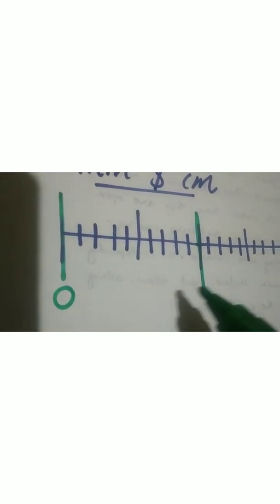Now we can study more deeply how we can convert millimeter into centimeter or centimeter into millimeter. Here 0, here 1 centimeter, then this will be 2 centimeter. Is it clear?